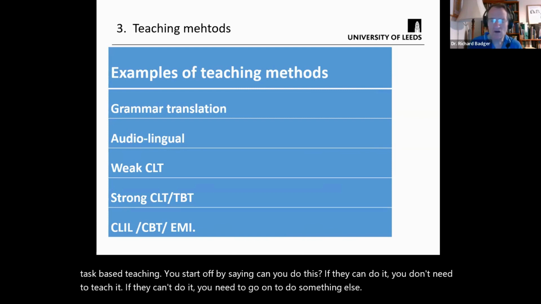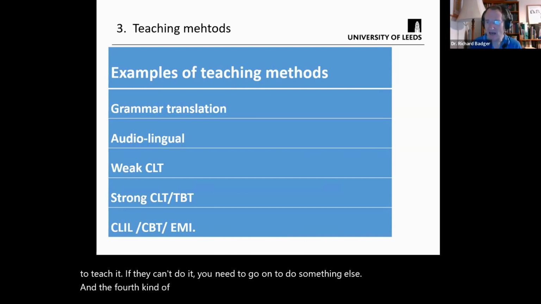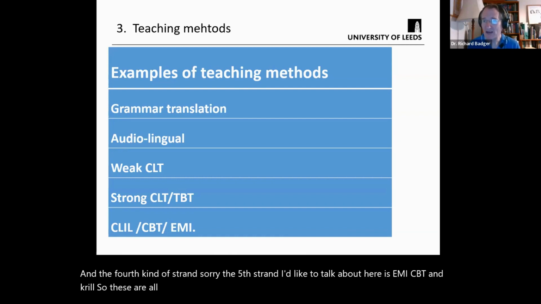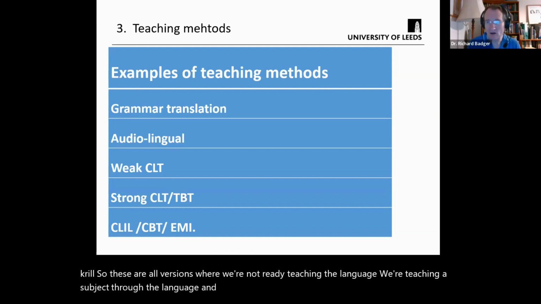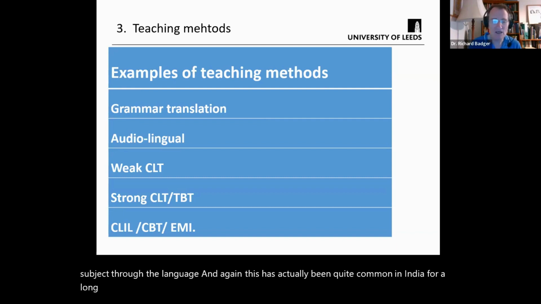And the fifth strand I'd like to talk about here is EMI, CBT, and CLIL. So these are all versions where we're not really teaching the language, we're teaching a subject through the language. And again, this has actually been quite common in India for a long time, even though maybe not described in these ways. But essentially here, the learners are doing things through English.